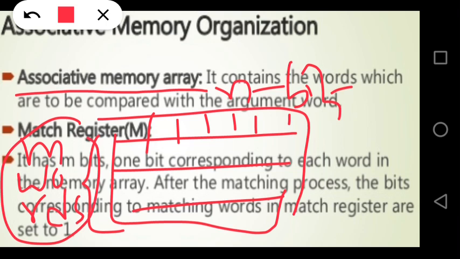But it is not advisable that m should be a very large value. This content addressable memory technique can be applied only when the memory words are limited, like in cache memory.